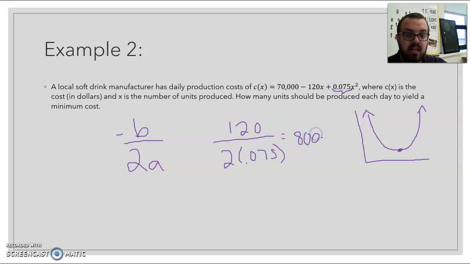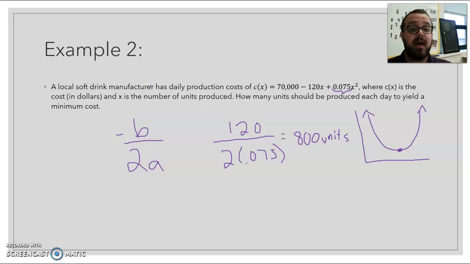Okay, so if they want the cheapest cost, the best return on their investment, they want to produce 800 units, all right? If you think about that, why would that be the case? Why would it be cheaper to produce more than less? Usually with manufacturing, there's some sort of startup cost, so you have to pay something up front, so you want to produce some amount to make it worth whatever it costs up front.